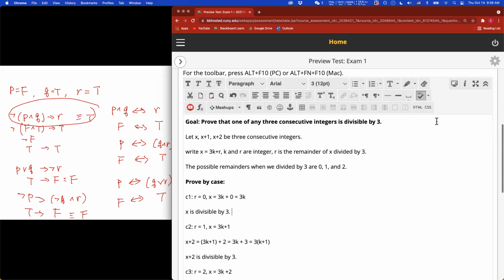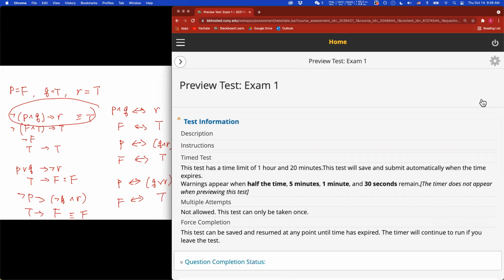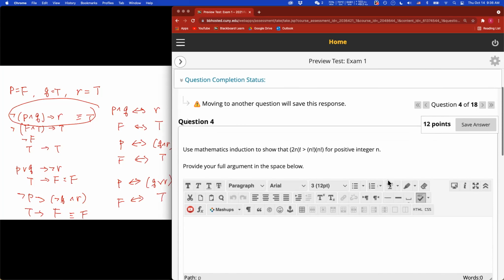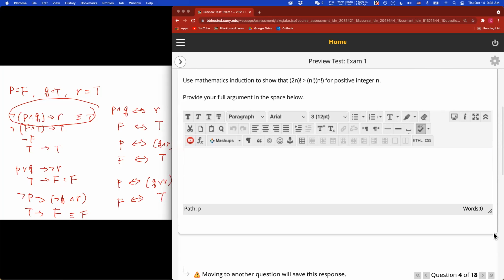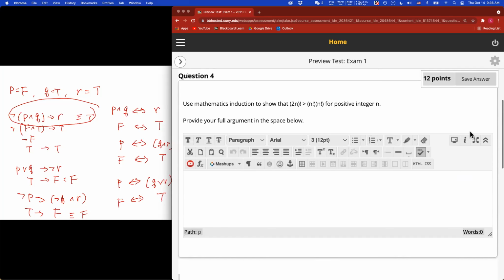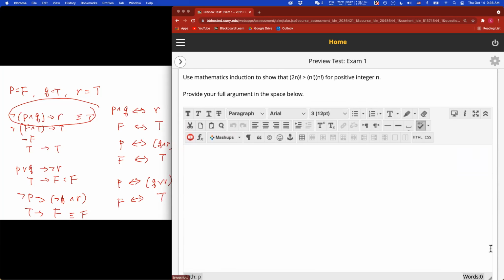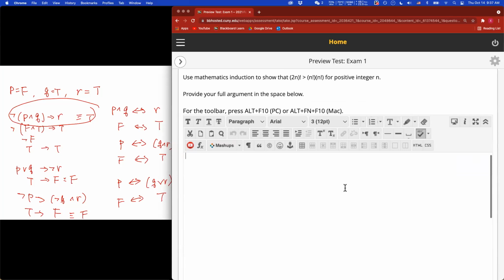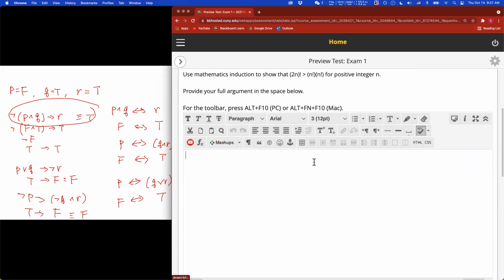Okay, so this is an induction question. So we know for induction, we will always start with the base step.